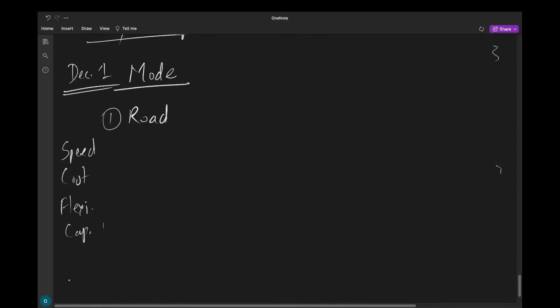This road has medium speed. Cost is also medium. Flexibility is very high. And capacity is small to medium. Now we have another mode, which is train or rail.